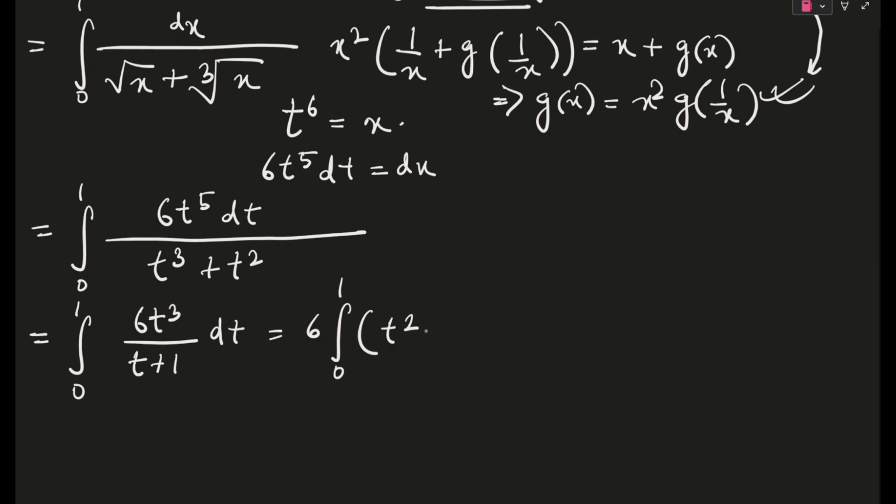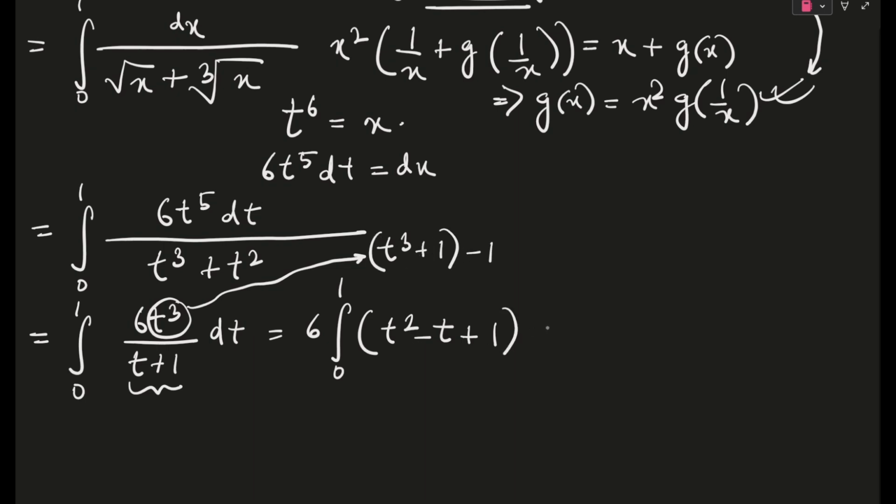Wait, you will write this t cube as t cube plus 1 minus 1, because t plus 1 is here. So you will have t square minus t plus 1, and after that minus 1 by t plus 1 dt.